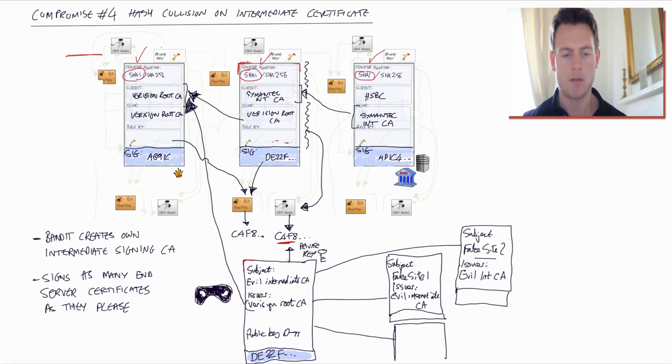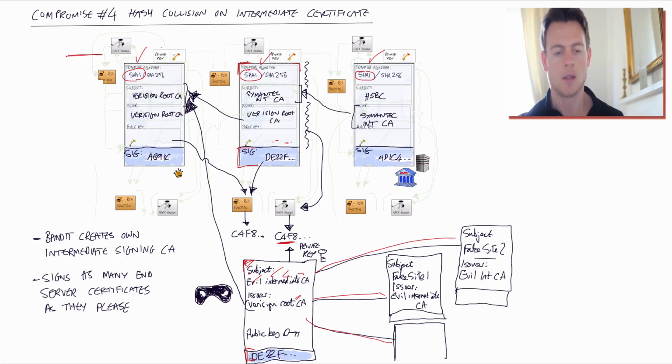If I manage to find a certificate where the hash equals C4F8, again, bingo, I can reuse the signature from the genuine intermediate certificate and tag it on the bottom of my fake intermediate certificate. Then I'm in a very powerful position because I can use my own fake intermediate certificate to sign all manner of fake websites.